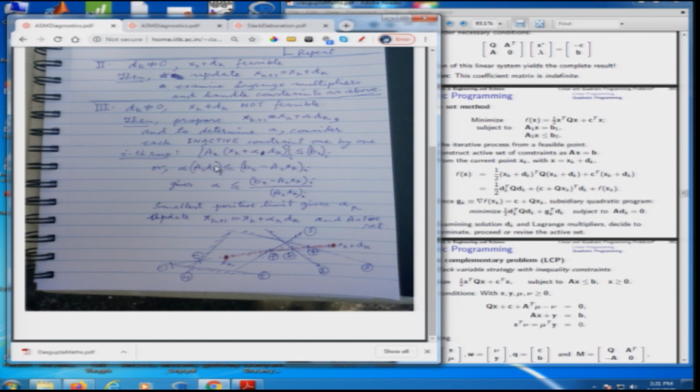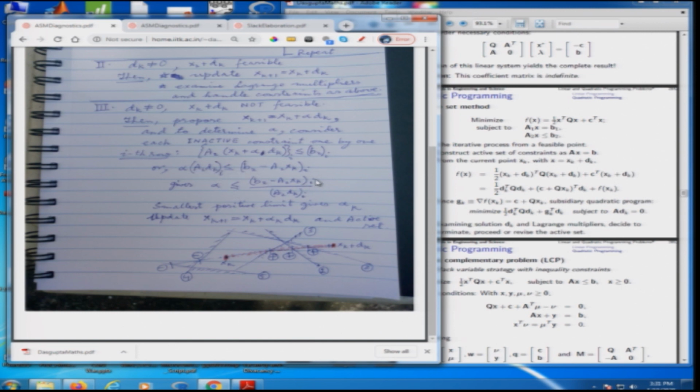So, this thing should be less than or equal to this thing, and make note that this is positive. Why? Because to begin with a 2 into x k was less than or equal to b 2. So, this is positive or 0, non-negative. Then if this is negative, you do not bother, that means it is getting violated behind, not ahead.